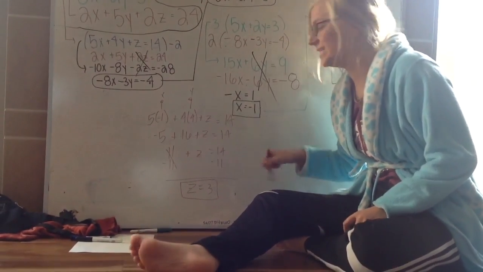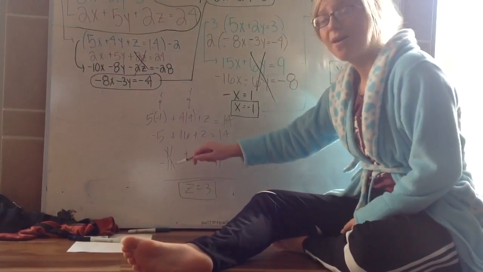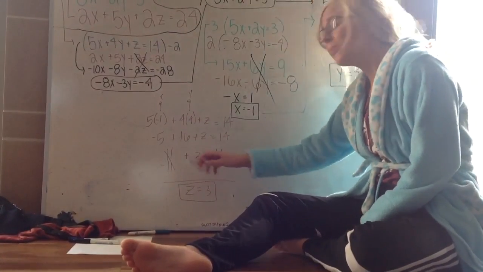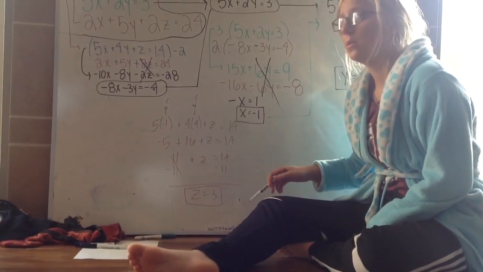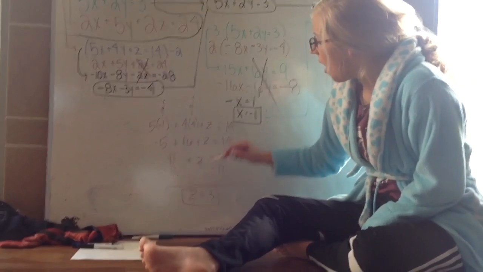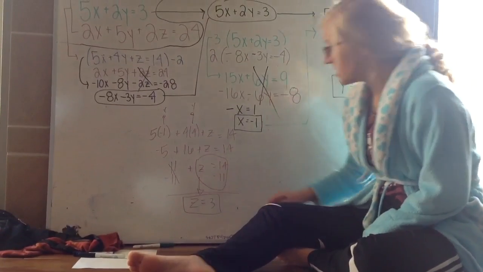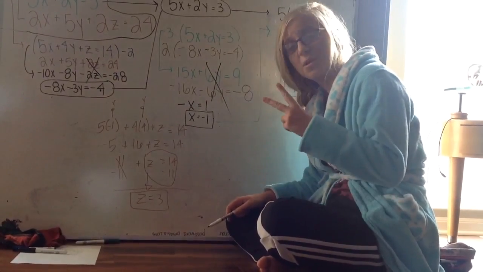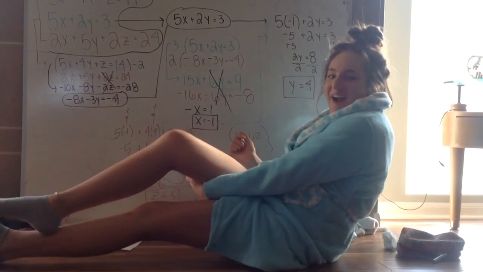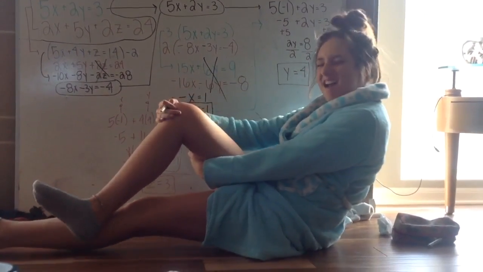Then we just brought down the z, carried down the 14. Let's eliminate some stuff. 11, subtract. 14 minus 11 is 3. Our Zen, z, is 3. XYZ, more like -1, 4, 3.